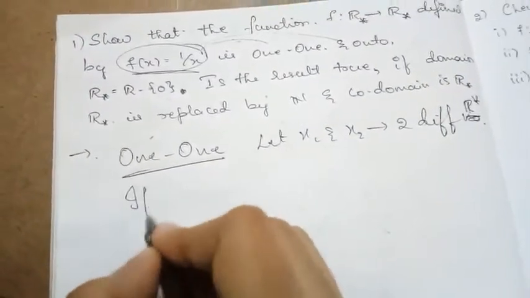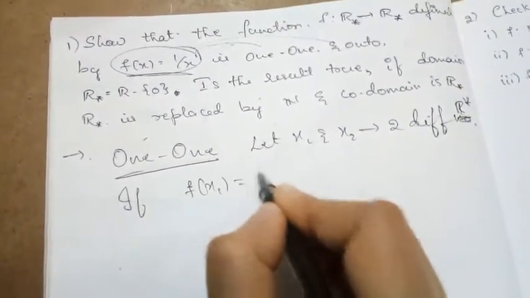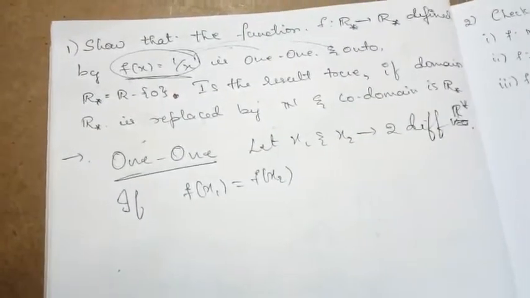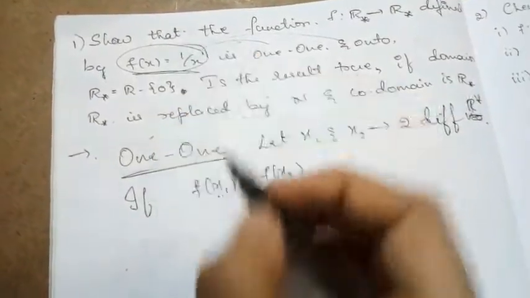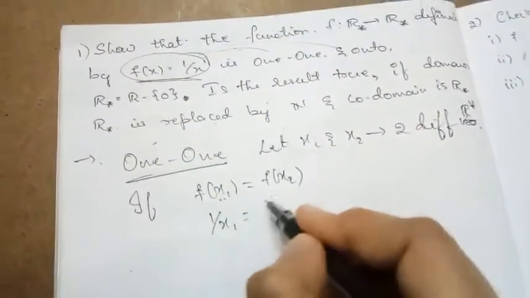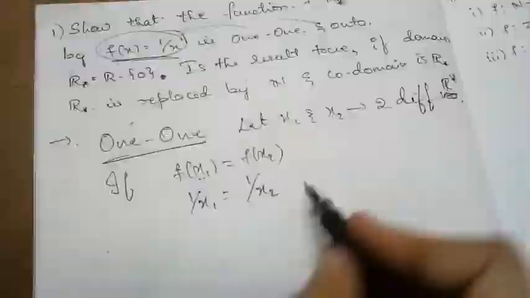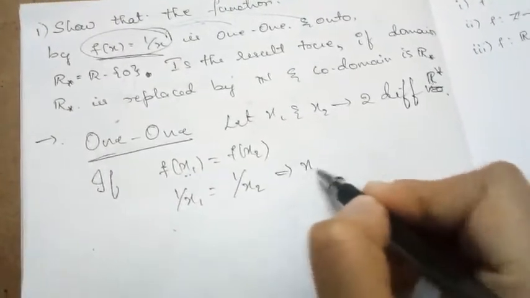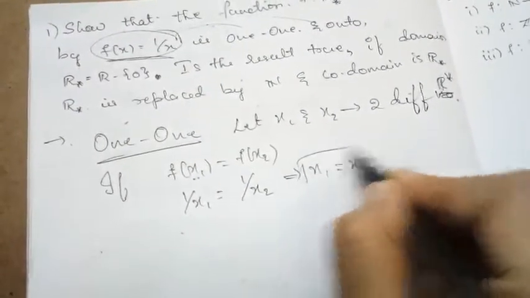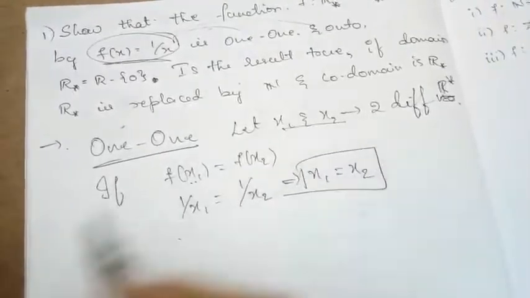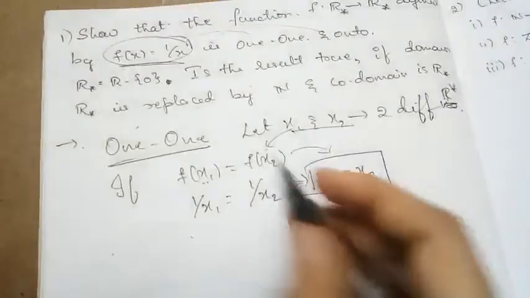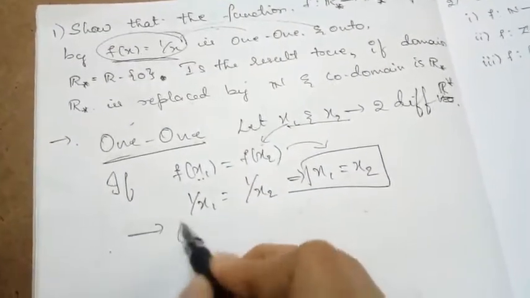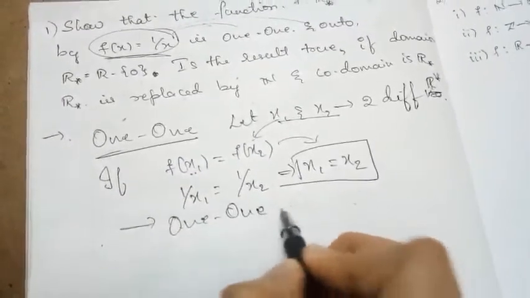If f of x1 is equal to f of x2, then 1 by x1 equals 1 by x2, which is nothing but x1 equals x2. So we have proved that if f of x1 equals f of x2, then x1 equals x2. This is how we prove one-one, so the given function is one-one.